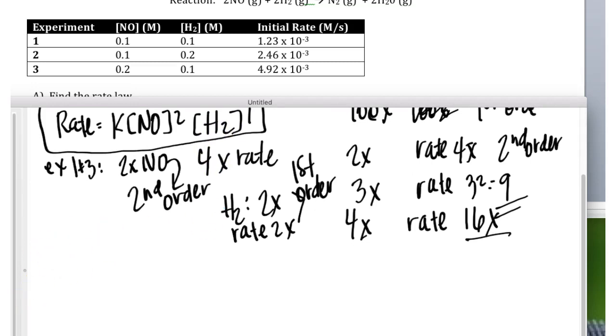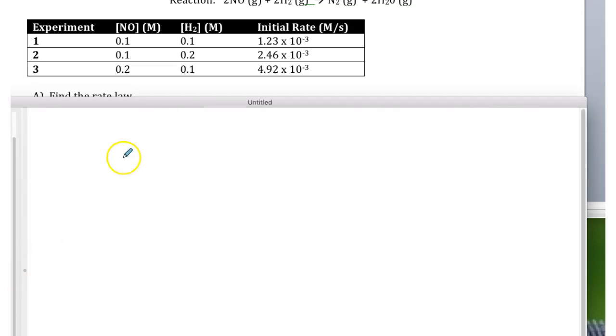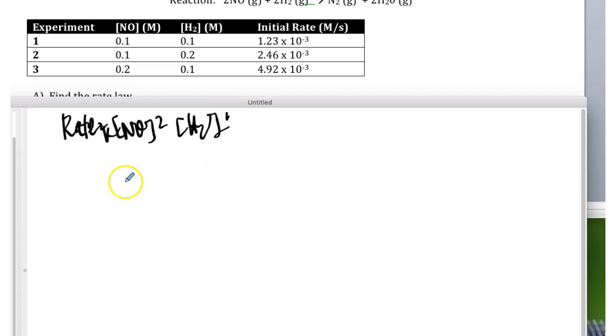Okay, so I'm going to rewrite it because it looks a little messy. So we just said rate is equal to NO to the second power. Oops, I forgot my K there. Times H2 to the first power. Let me rewrite it.